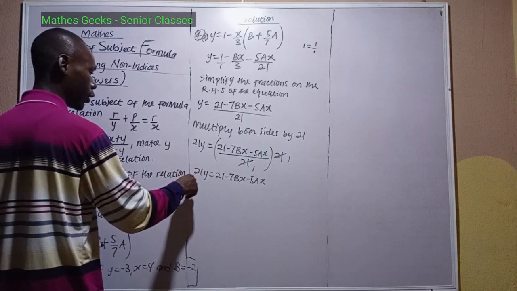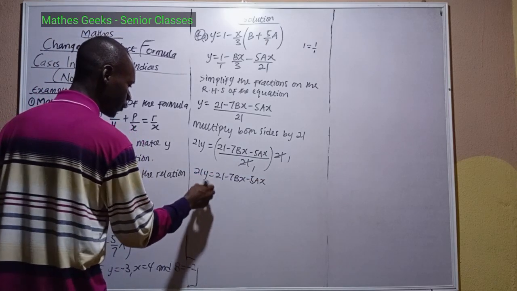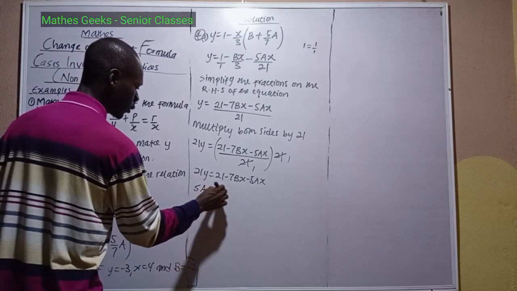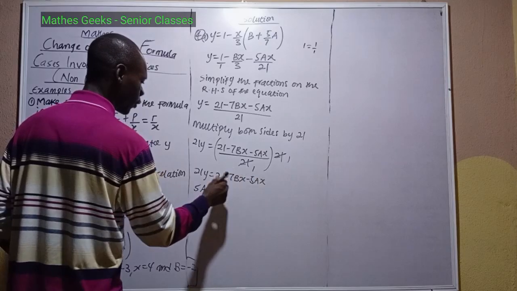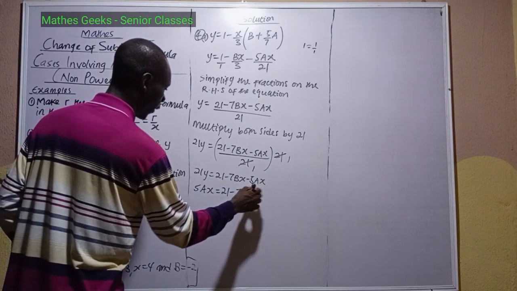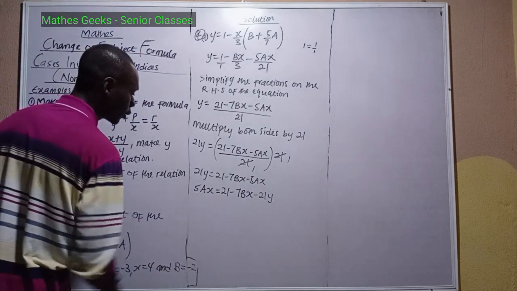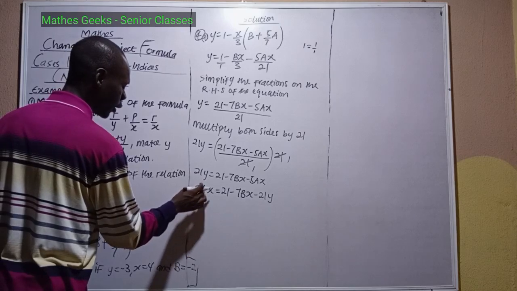Let it come over here so that it can be positive, and this one will cross over here to be negative. So minus 5AX crossing its sign becomes 5AX. And when this crosses the sign to this side it becomes negative: 21 minus 7BX minus 21Y. So next is to eliminate 5X so that A can stand alone.